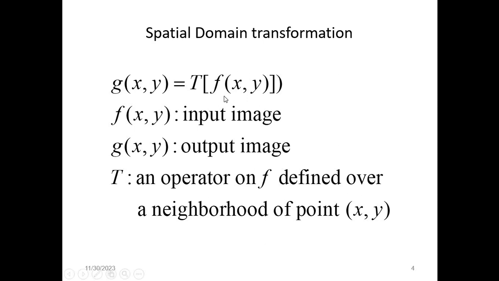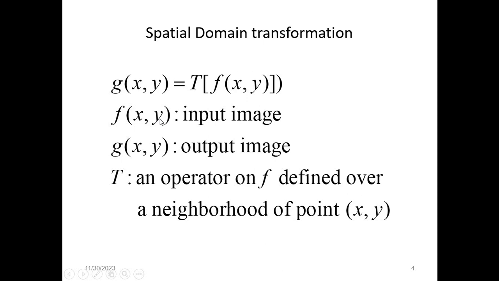So we are representing the image as a two-dimensional matrix, right? And this is mathematically written as f of x comma y, where x and y are spatial coordinates, and function f returns what? The intensity value of the image at location x comma y.